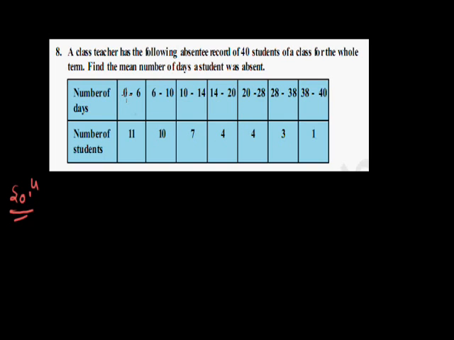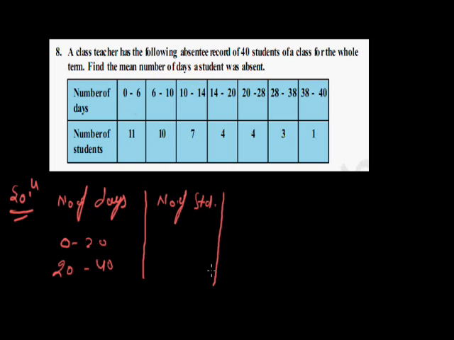Now I have converted into 0 to 20 and 20 to 40. Now the intervals are 20, 20. So the number of days and number of students, this is 0 to 20, 20 to 40. Now the number of students are here 0 to 20 is 32 and this is 8.